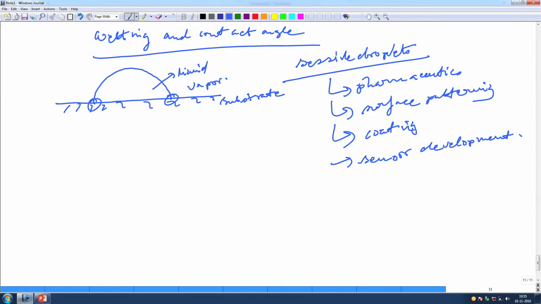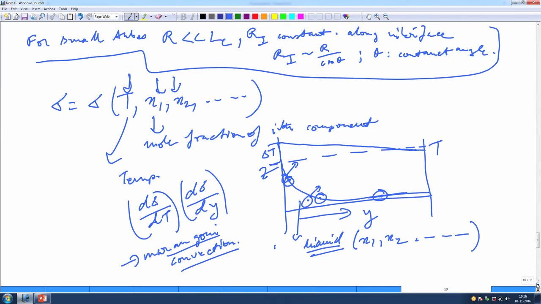So, it is important to know how we can analyze this sessile droplet, what flows are introduced within it, and how we can actually state them. While we do this, we will look into the effect of surface tension and other things on sessile droplet evaporation and the dynamics of the sessile droplet. This is one of the first specialized topics that we are going to enter immediately.